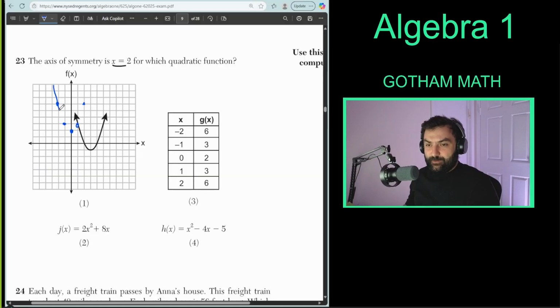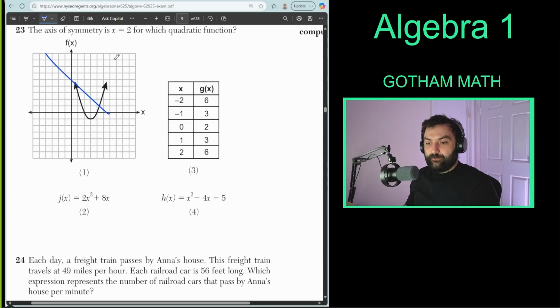So this is the parabola that I'm getting for number 3. Where would be the axis of symmetry? Over here. Does it go through 2? No. So that wouldn't be the answer.